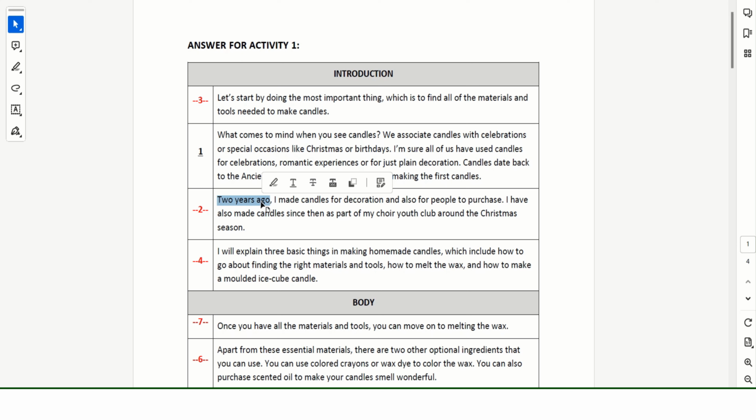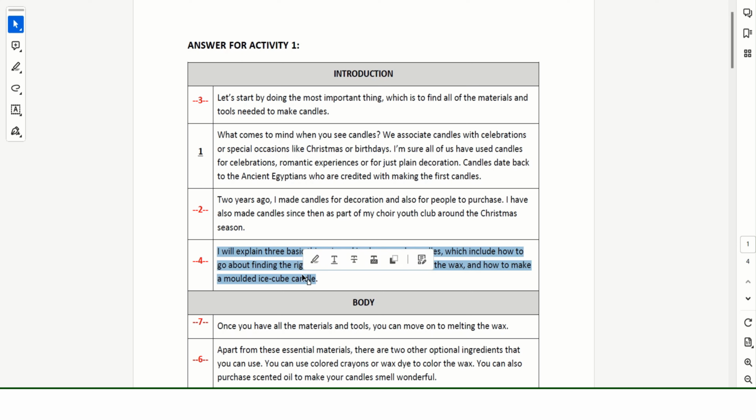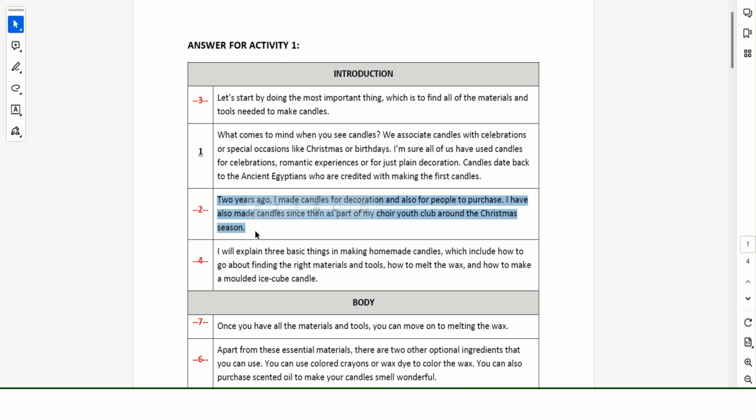Let's have a look at number three. Do we have anything that indicates the time period? None. What about number four? Nothing as well. So that is the reason why you look for the keyword, and we can say that this is the second answer. So this is number two in the sequence because of "2 years ago".